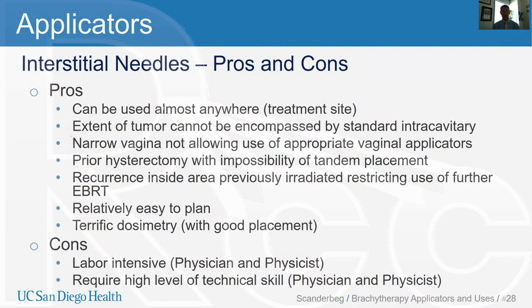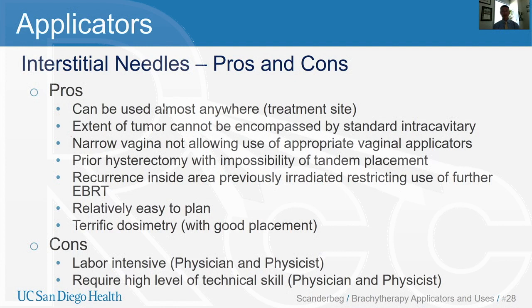Interstitial needles are good when the extent of the tumor can't be encompassed by a standard intracavitary applicator, or when there's a narrow vagina that doesn't allow the use of appropriate vaginal applicators. They can also be used with patients with prior hysterectomy that prevents tandem placement, and for patients with recurrences inside an area that was previously irradiated and prevents further use of external beam radiotherapy.